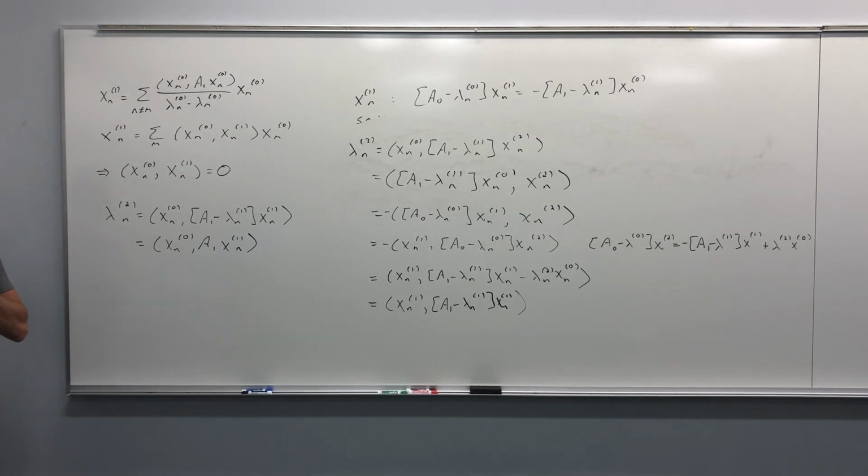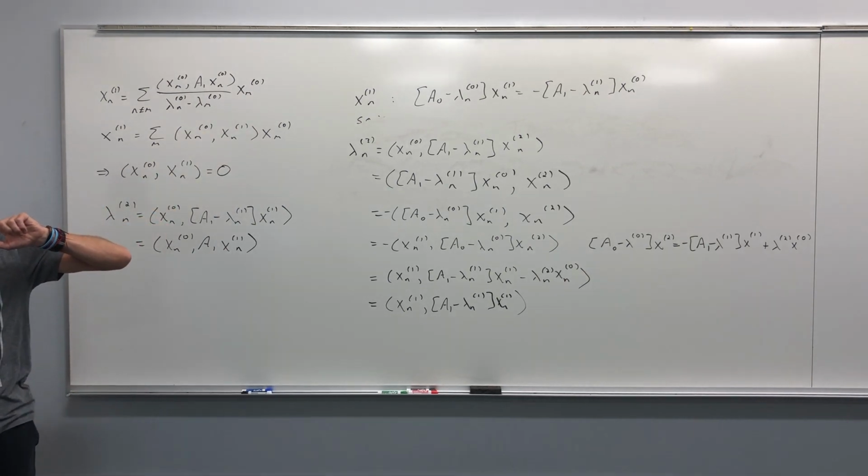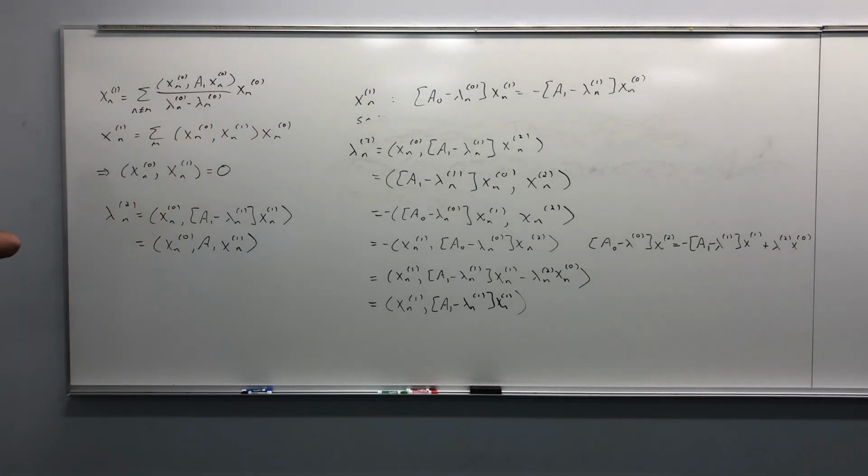Wouldn't you just take our original eigenvector? No. So this is the first order correction. These are the zeroth order solutions that we're writing in terms of. It doesn't include the eigenvector that we're even looking to perturb around. So you're saying that solution is just a constant times some other eigenvector? Yes.